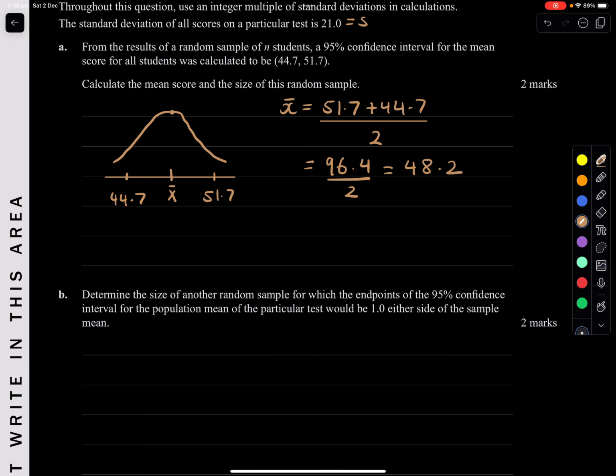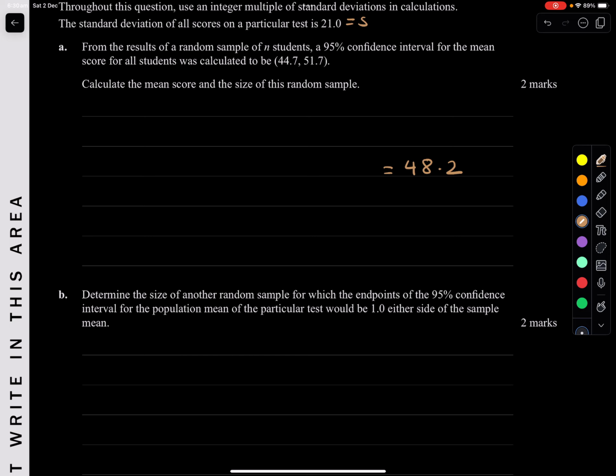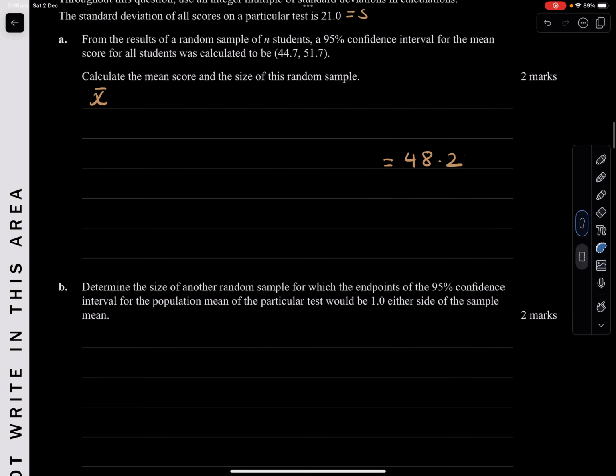Is that right? It looks good, yeah. So 48.2, that's your mean. Done. We can rub these off. That's our mean, so we can write your mean value is this over here.